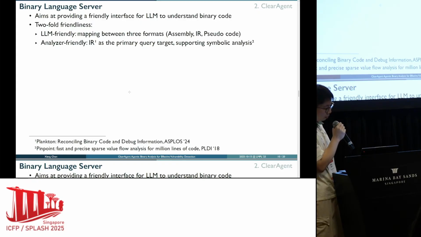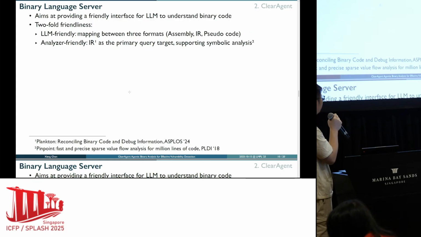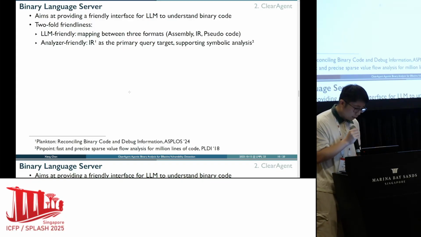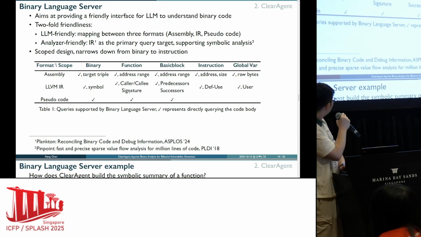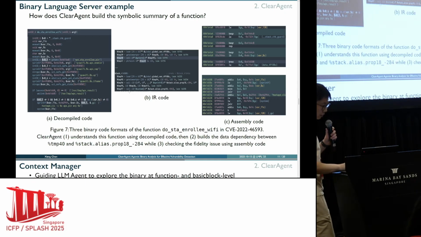The second is analyzer friendly, which means that we use the IR as the primary query target for the LLM because the IR itself supports symbolic analysis. Let's skip these details and just watch this example.